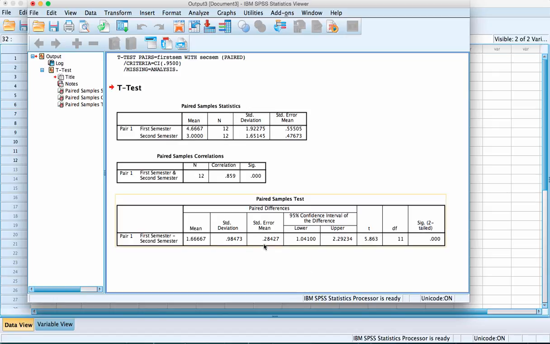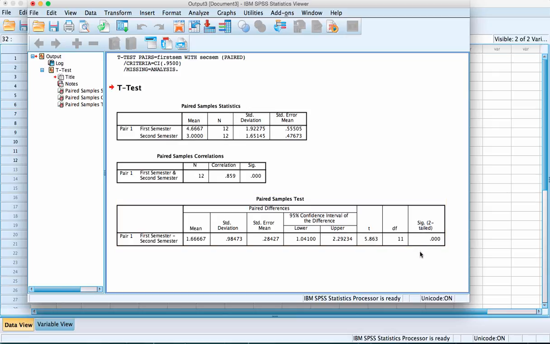This standard error is calculated by the standard deviation over the square root of n, which is 12. And so we would get our standard error. And so our t ratio is highly significant.